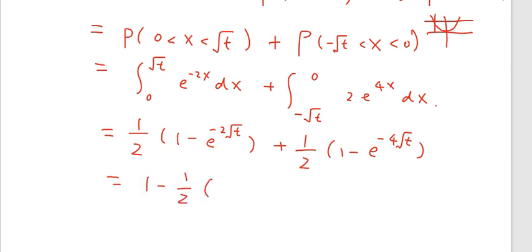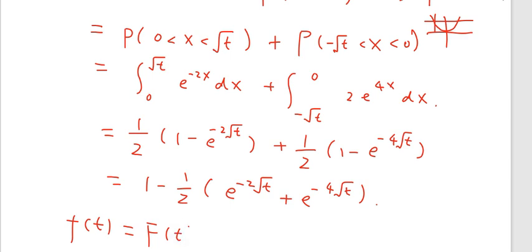Then just use the derivative. Negative 2t plus negative 4t. So we can find the density function by taking the derivative. We have two parts.